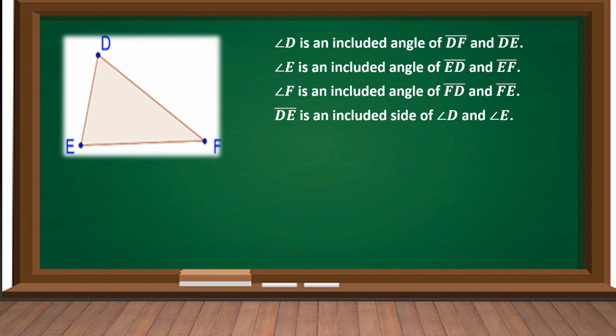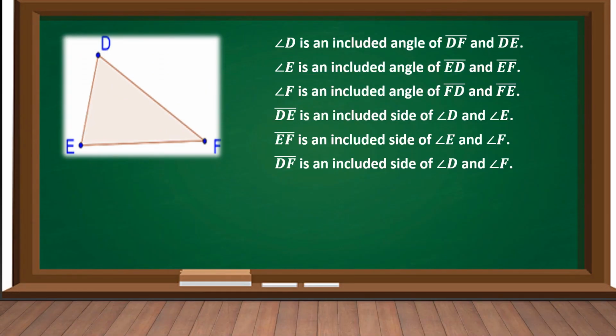Side DE is an included side of angle D and angle E. Side EF is an included side of angle E and angle F. And the last side, which is side DF, is an included side of angle D and angle F.